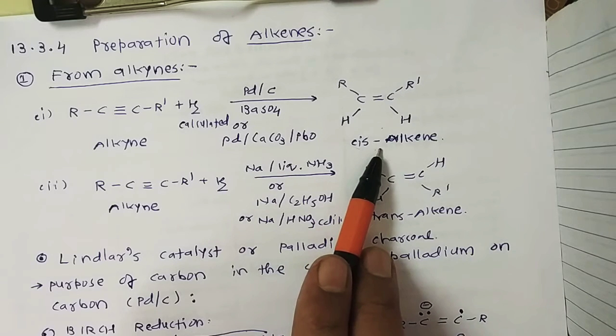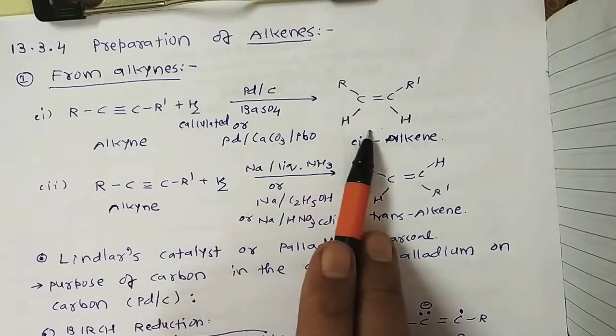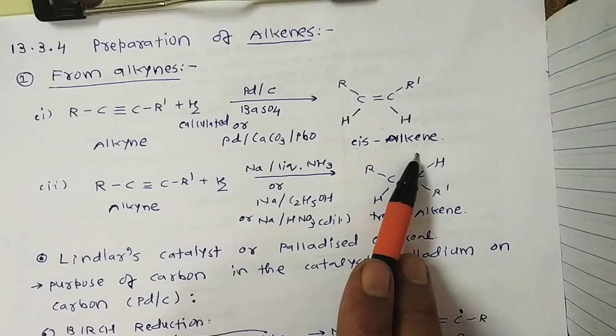In our earlier session on isomerism in alkenes, we studied that there are two types of isomers in sp2 hybridized alkenes, one is cis and the other is trans. But mind well, from this method we get cis alkene, not trans alkene.